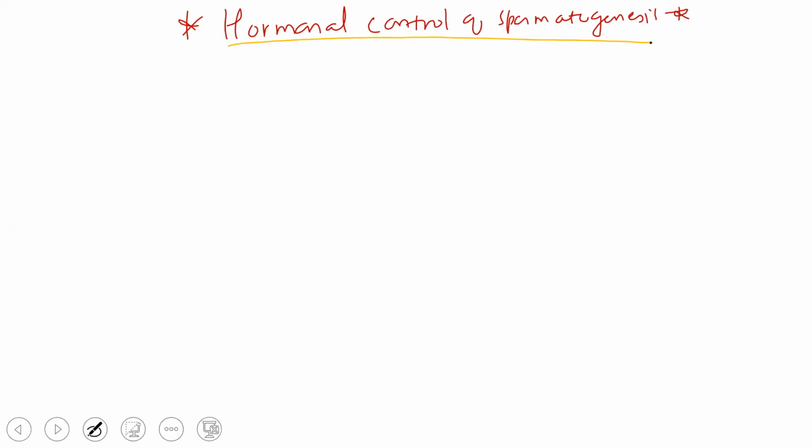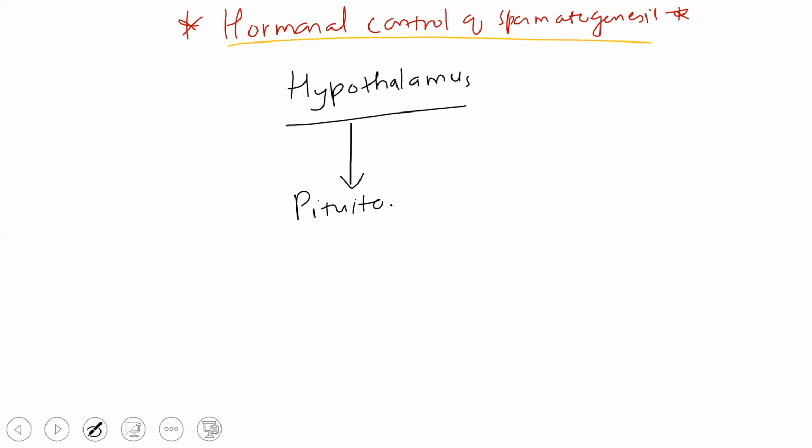You must have learned the endocrine system in 11th, so I'm assuming that you are aware of that. There is the hypothalamus, which is in contact with the pituitary gland, especially the anterior part.